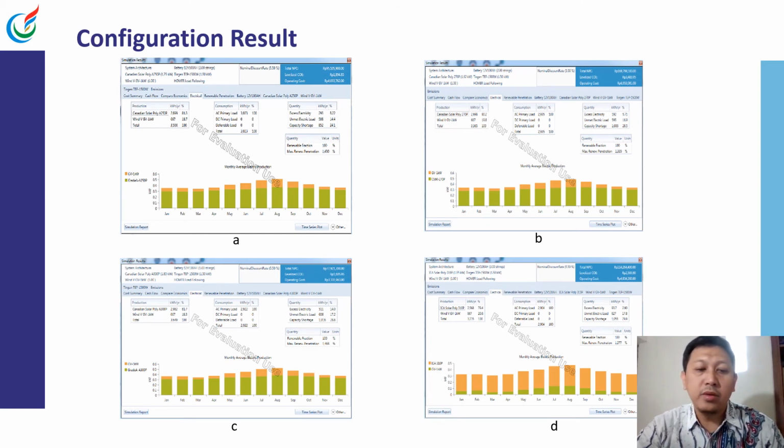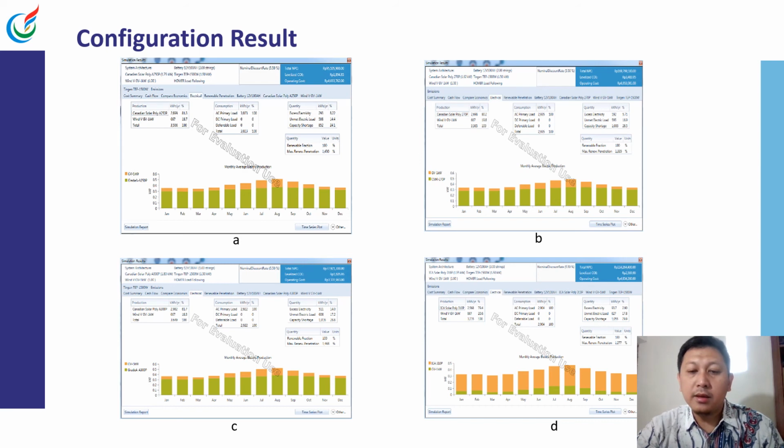And then figure C: the electricity production from PV is 2,682 kilowatt hours per year and from wind turbine 667 kilowatt hours per year, and the total electricity production generated is 3,649 kilowatt hours per year.